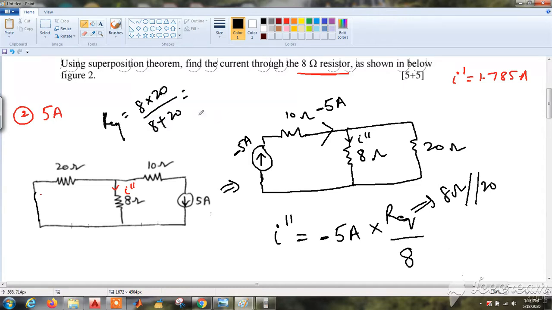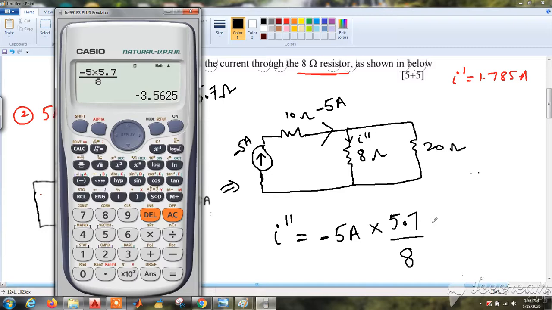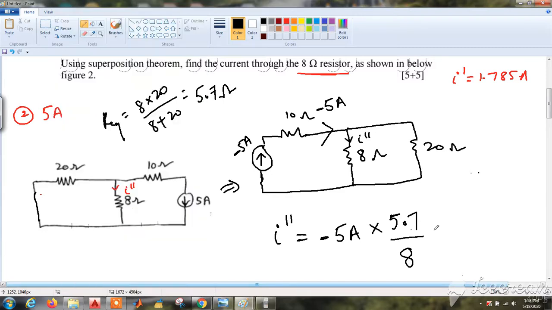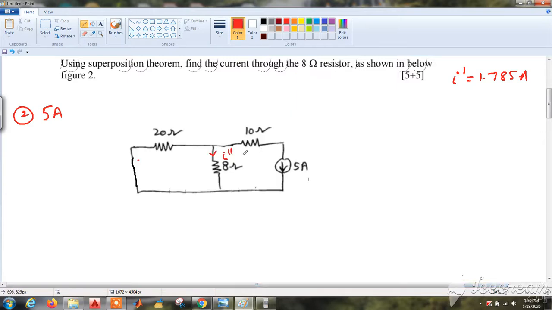R equivalent is 8 into 20 divided by 8 plus 20, that is 5.7 ohms. So I double dash will be minus 5 into 5.7 divided by 8, that is minus 3.56 amperes. Therefore the current I double dash is minus 3.56 amperes.